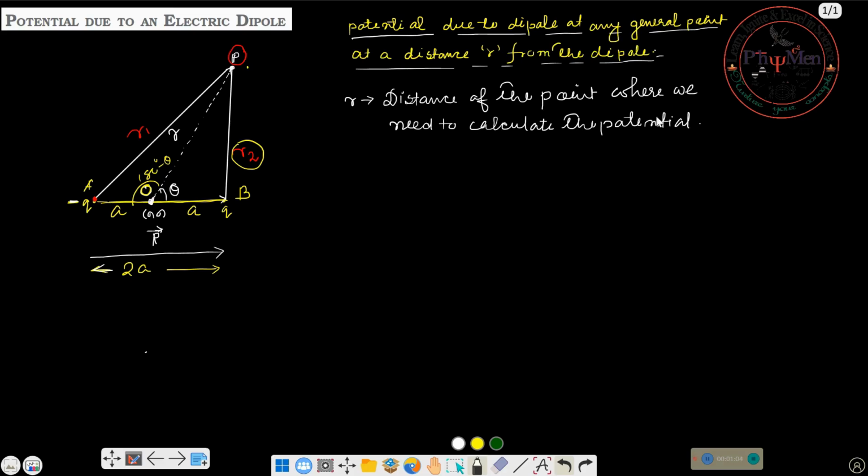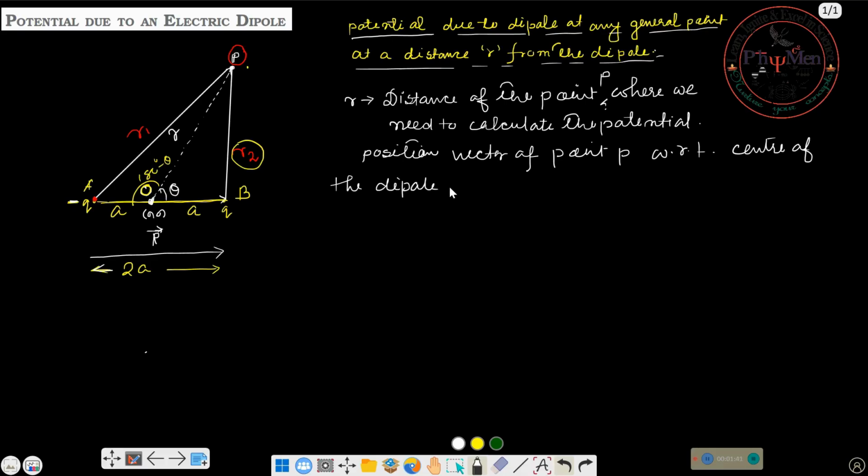Okay, this is the point P, and the position vector of this point P with respect to the center of the dipole is making an angle theta with the dipole.